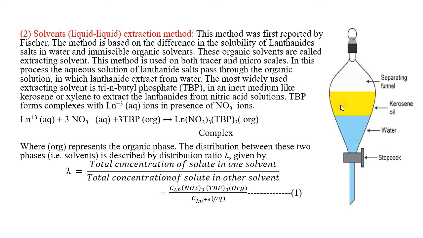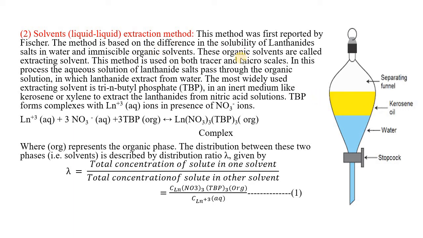Now the kerosene oil has less density than water and forms a separate phase above, because water has more density, and the solubility of lanthanides in kerosene is much more as compared to water. So lanthanide compounds go into the kerosene. By separating the kerosene layer, we can separate the lanthanides.